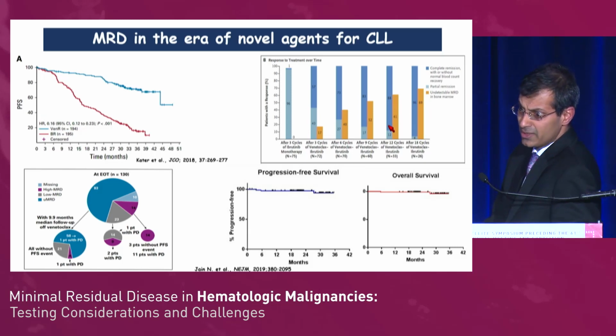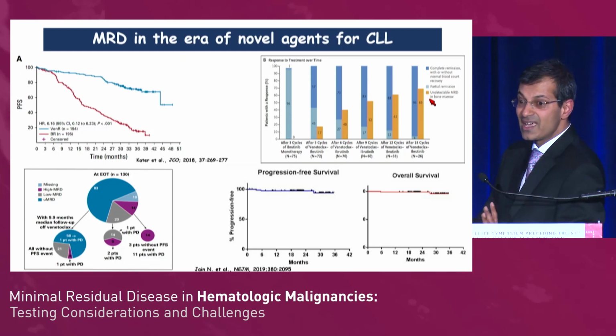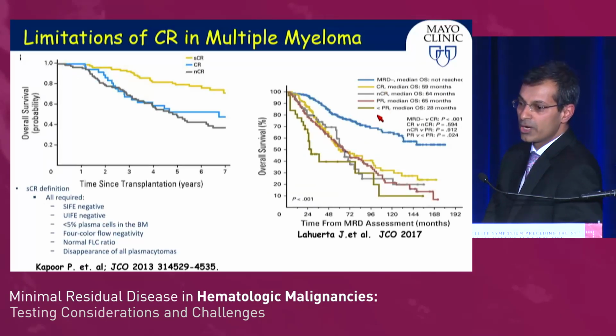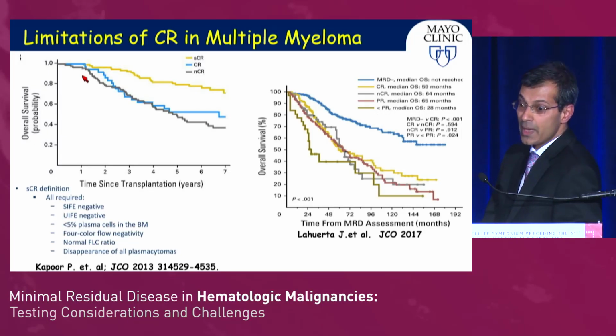And what you can see here is that by 12 months, 60% of the patients were MRD negative, and by 18 months, 69% of patients were MRD negative. And this is, again, a fixed duration therapy, once again highlighting the importance of achieving deep remissions in order to actually be able to just give fixed duration therapies.